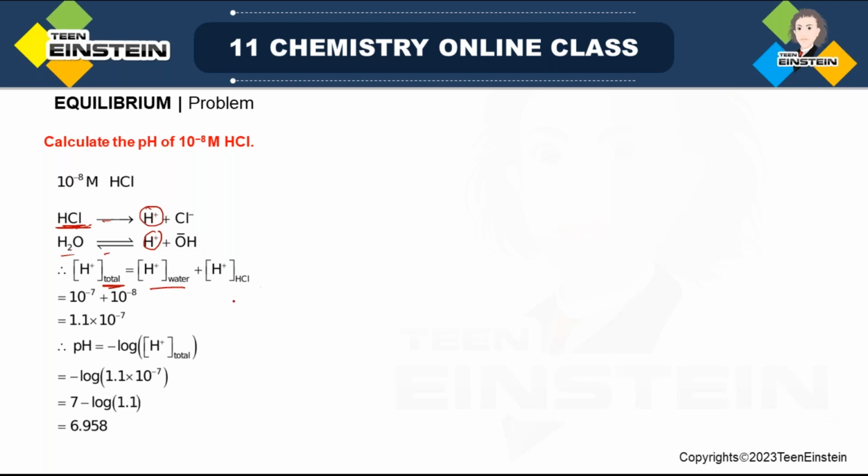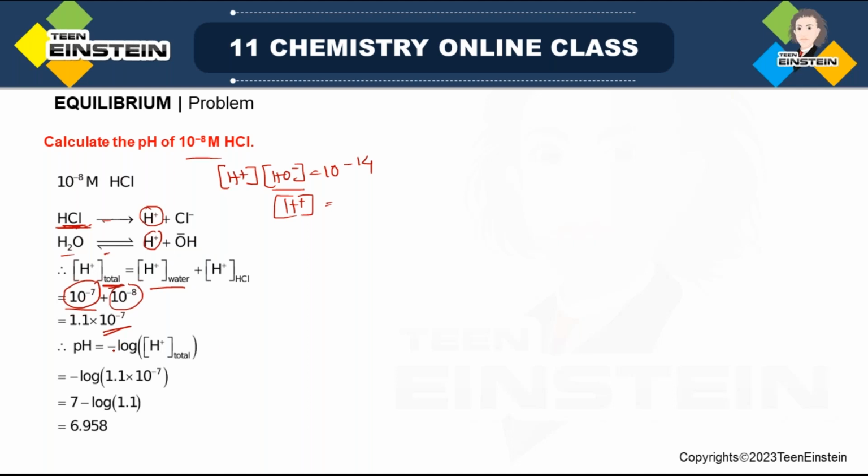Now the contribution from water, you can write as 10 to the power minus 7, because we know from Kw that H plus times OH minus is equal to 10 to the power minus 14. For neutral water, OH minus is also equal to H plus. So H plus whole square equals 10 to the power minus 14, so H plus is 10 to the power minus 7. So in place of the H plus coming from water, you can write 10 to the power minus 7. From HCl, you write the value which is already given in the question.